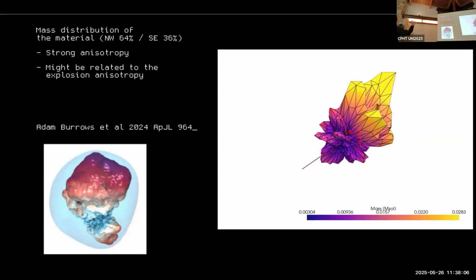There is much more mass in the north part than in the south, and it likely originates from the fact that the explosion took place not in the very center of the star, but near the center, not exactly. And this could generate a highly anisotropic distribution of material.